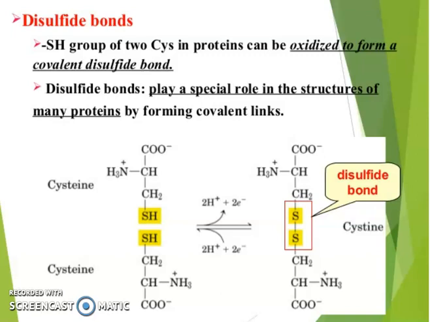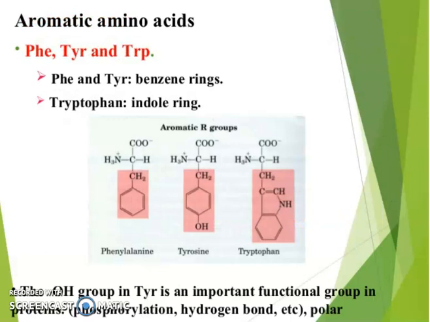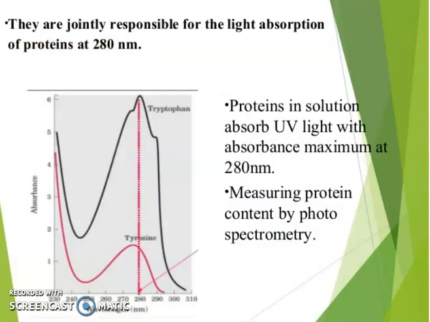Disulfide bonds play a special role in the structure of many proteins by forming covalent links. Aromatic amino acids are jointly responsible for the light absorption of proteins at 280. Proteins in solution absorb UV light with an absorbance maximum at 280 nanometers. Protein content is measured by spectrophotometry.